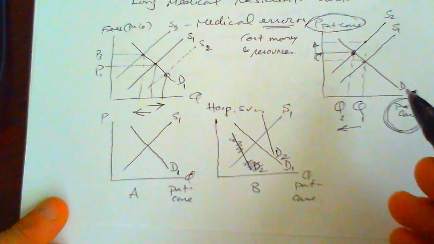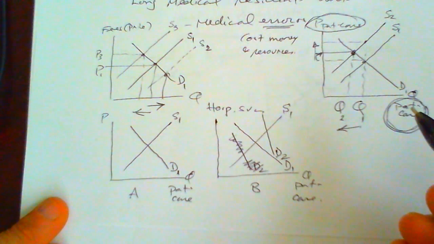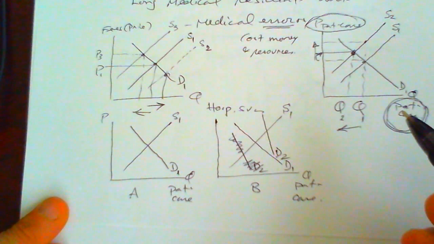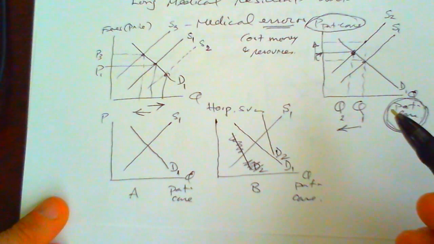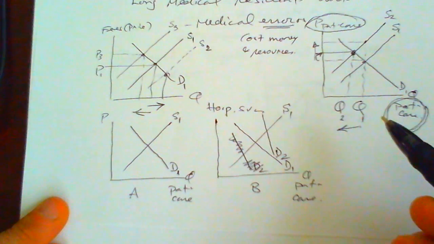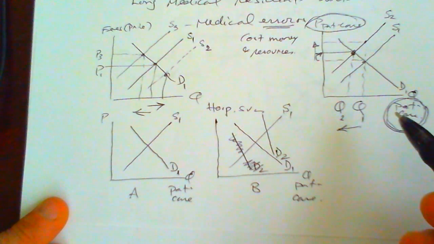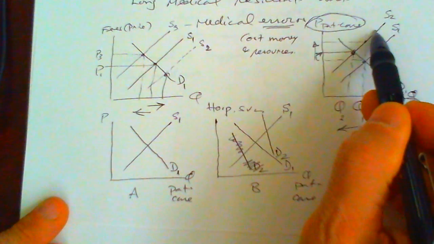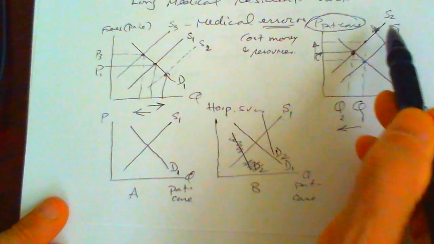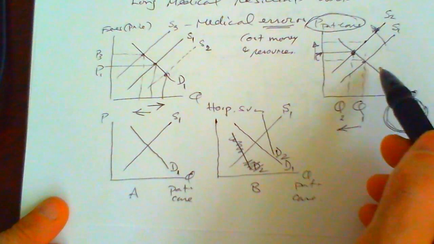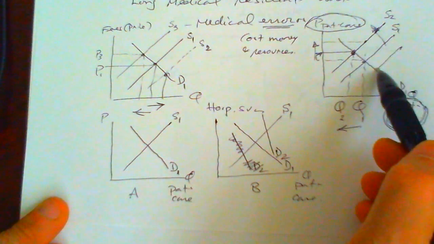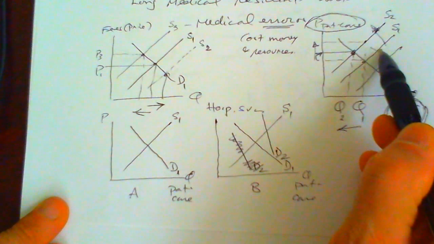Then your next question is, does it affect the supply in a positive or negative way? And if it affects the cost and the supply side in a negative way, then you shift the supply curve to the left. If it affects it in a positive way, then the supply curve shifts to the right.